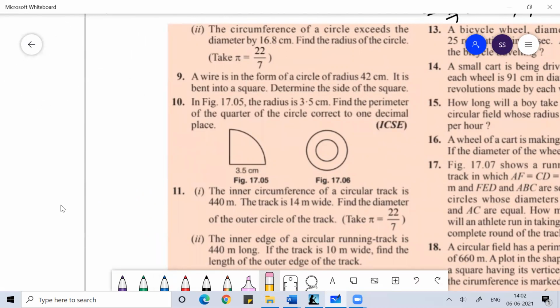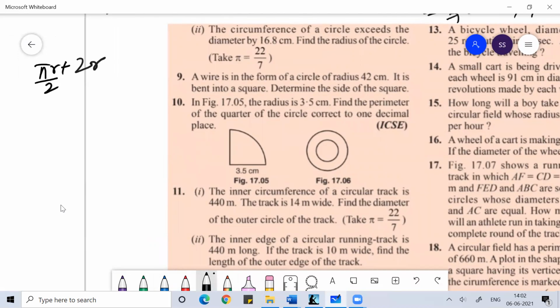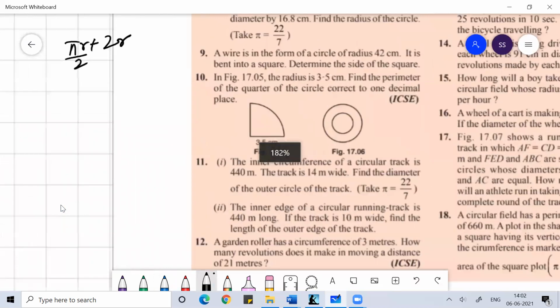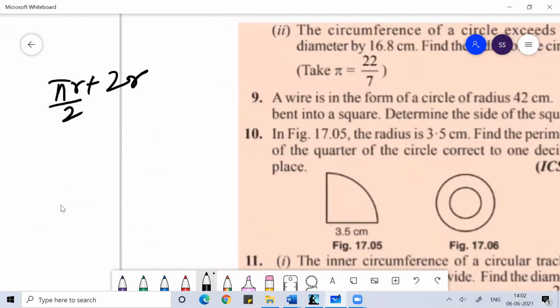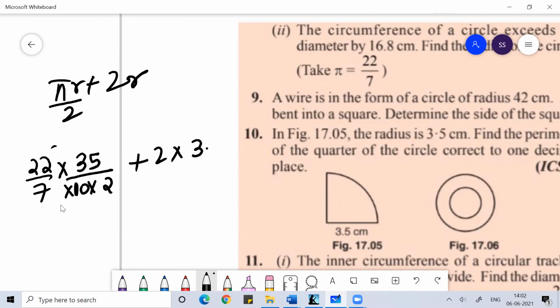I'll do it again. Radius is 3.5. I hope the formula is correct: pi r by 2 plus 2r. Pi, here I hope this is 22 by 7, into 1 by 2, into 22 by 7 into the radius, 35 by 10, which is 3.5, means 7 by 2.